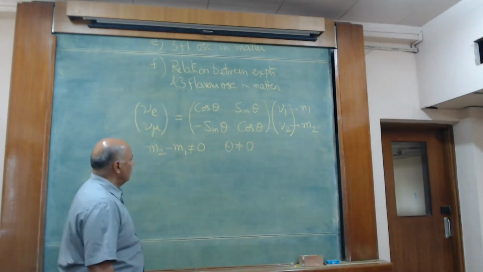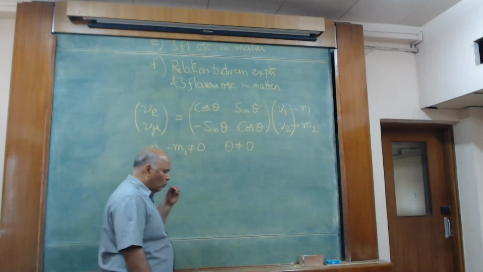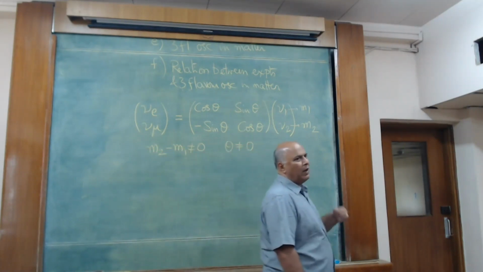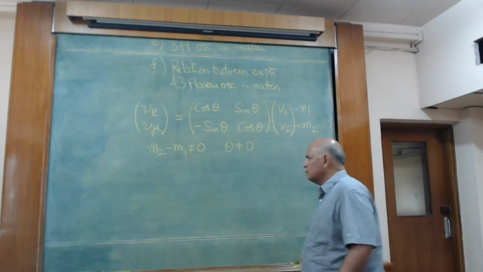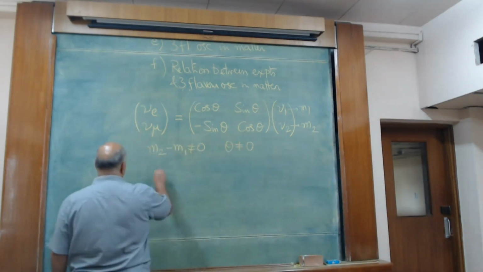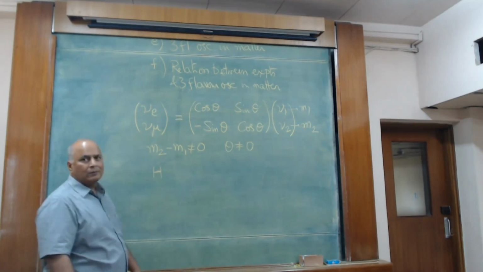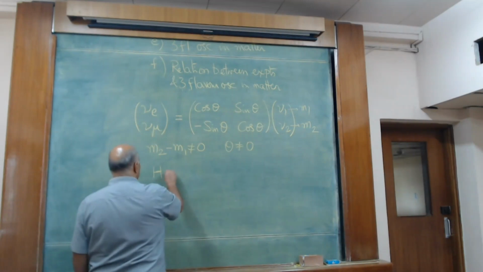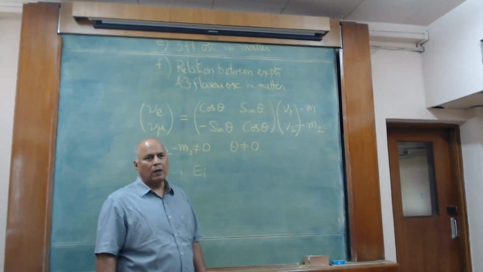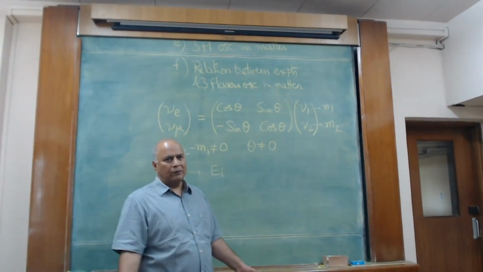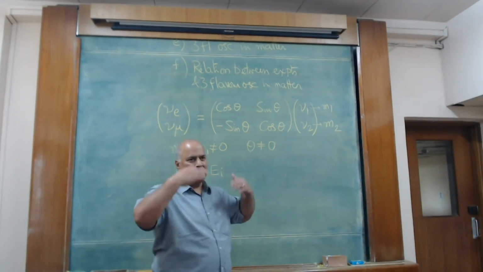And now, this is the important point. What do I mean by a mass eigenstate? Well, typically in quantum mechanics, we have a Hamiltonian, and the Hamiltonian has a set of energy eigenvalues, and under the influence of this Hamiltonian, these energy eigenstates will evolve.